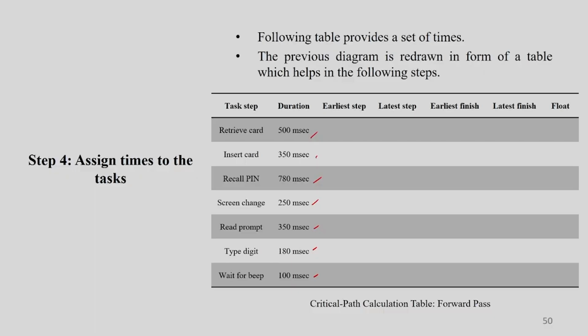It's not that we suggest someone to go to the field and collect all this information, as there will be a lot of chances to get wrong data. So always retrieve this type of data from the video recording. This previous diagram is redrawn in the form of a table, which helps in the following steps. So you are getting the time requirement for each step which is being performed in the ATM.